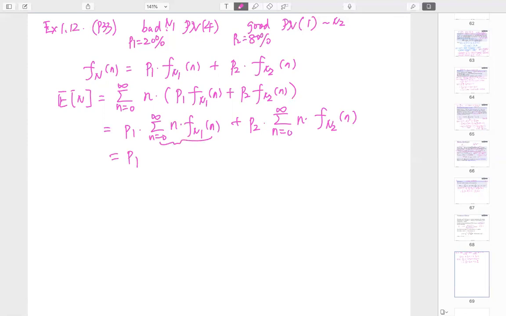So what is this? This is the expected value of N1. Obviously, this summation is the expected value of N2. So it's 20% times 4 plus 80% times 1. So it's 0.8 plus 0.8, which is 1.6.